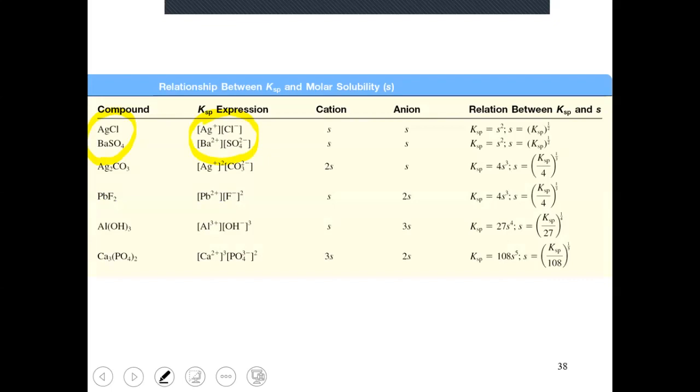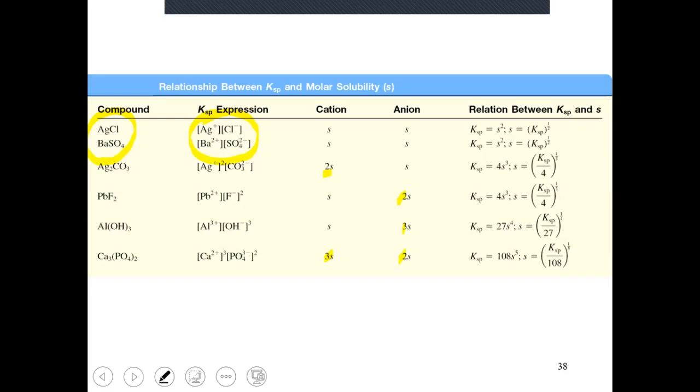But you're going to encounter other situations that are listed here, like silver carbonate, lead fluoride, aluminum hydroxide, calcium phosphate, where the actual dissociation involves these stoichiometric coefficients.